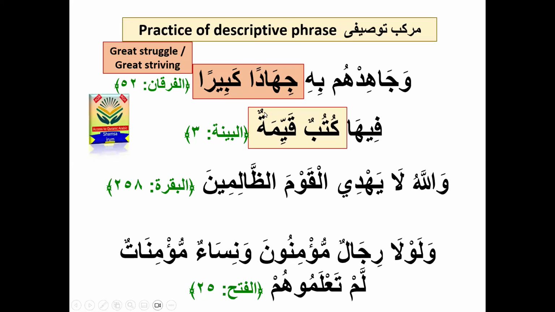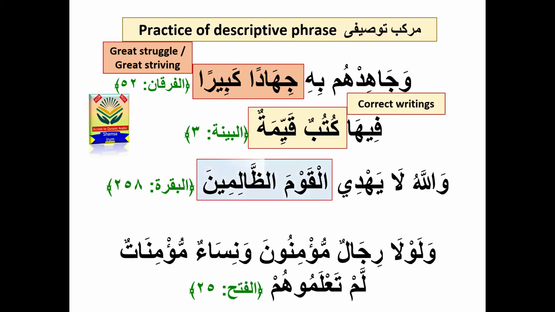Qayyimatun, this round ta shows that it is feminine, and this round ta shows that it is singular. Okay, they both are in rafa state, they both are nakira. So it means correct writings.